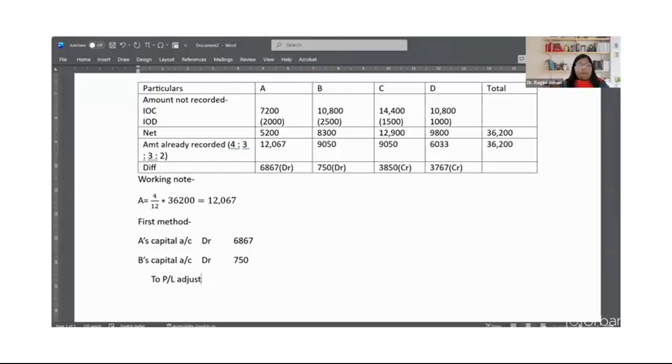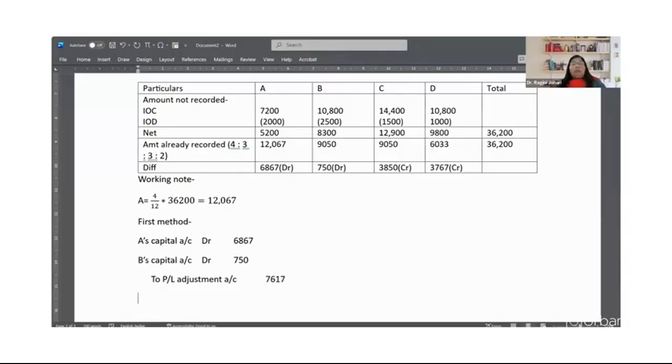This amount goes to the P&L adjustment account. Now, if I total these two amounts, how much do I get? 6,867 plus 750 is 7,617.